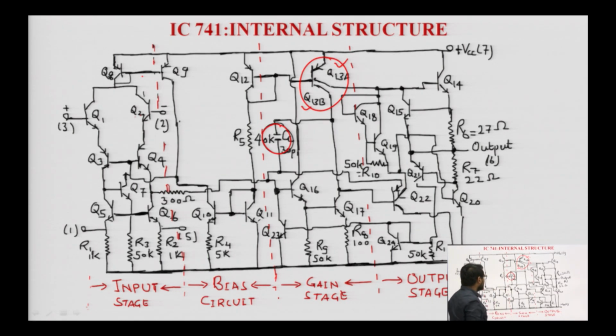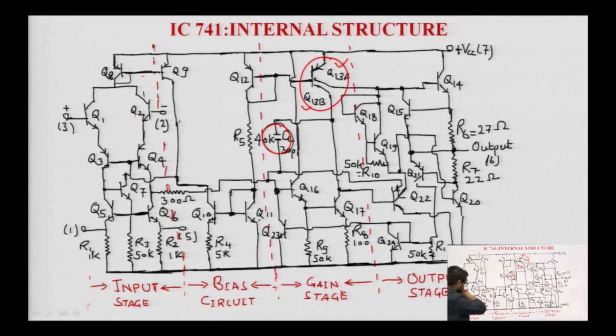Okay. And the most important thing is that after the input stage and bias stage provide the constant biasing current for the internal circuitry of the IC 741, the gain stage will provide a high gain, and it is basically a common collector, that is an emitter follower, which also provides high input impedance. Okay. In the input stage, Q3 and Q4 are connected in a common base configuration, which provides high voltage gain.